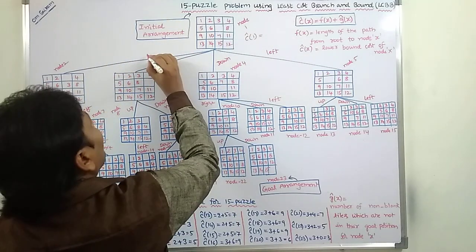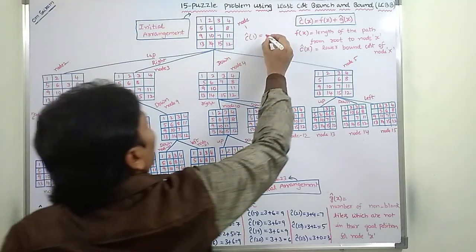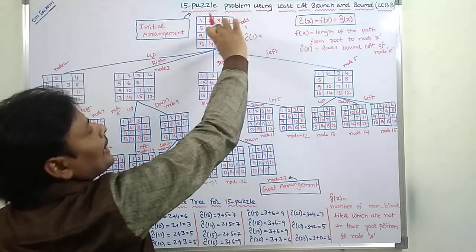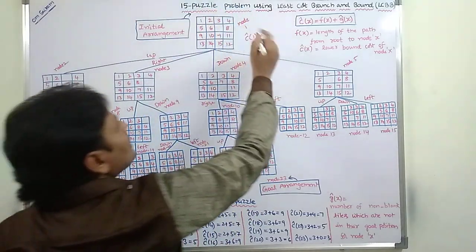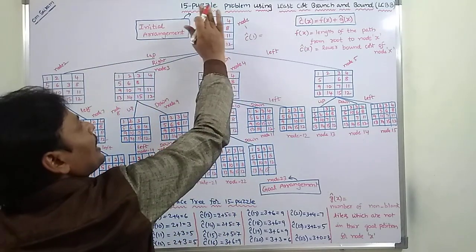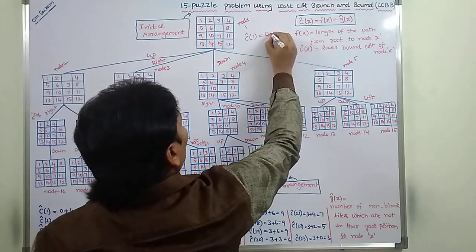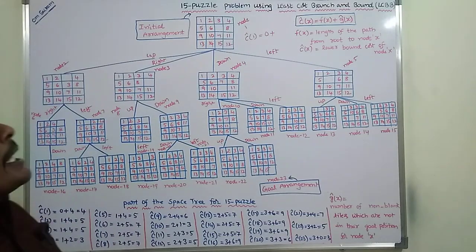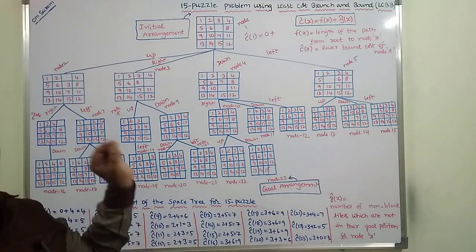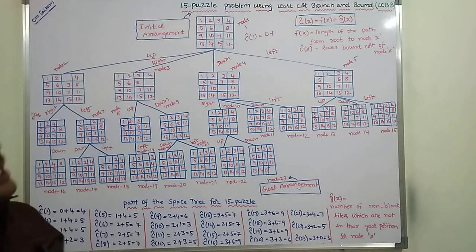This is node x. What is the length of the path from the root node to node x? The root node is the same as node x, so that is 0. Plus how many tiles are not in their goal position?